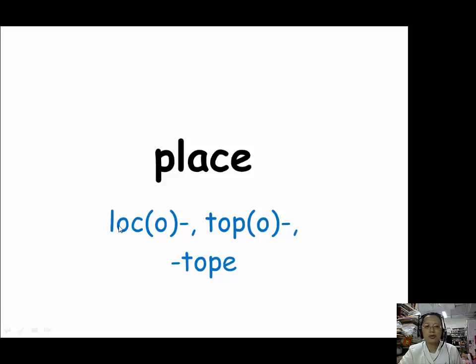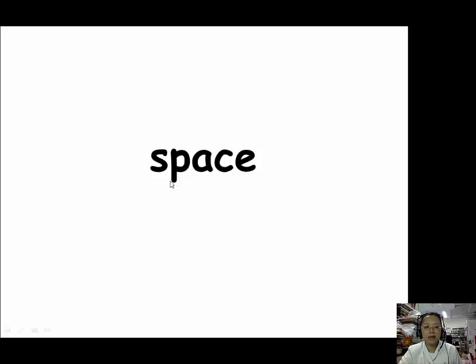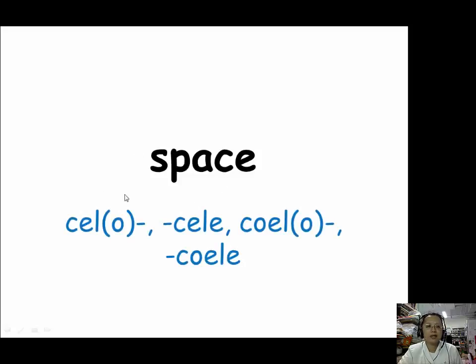Prefixes are loco, L-O-C-O, and topo, T-O-P-O. Suffix is tope, T-O-P-E. And to describe space, we have celo, C-E-L-O, and C-O-E-L-O, and cele, C-E-L-E, and C-O-E-L-E.